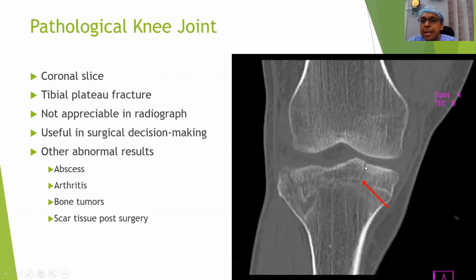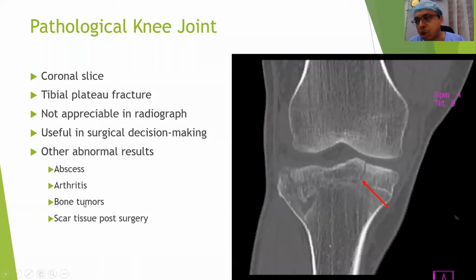So that's basically the reason why the surgeon wanted to see a CT scan: to better understand the fracture, the extent of the fracture, and what type of surgical implant he will be introducing within the joint system. Other abnormal findings you can note in a musculoskeletal CT scan are the presence or absence of abscess, arthritis, bone tumors, any kind of tumor.